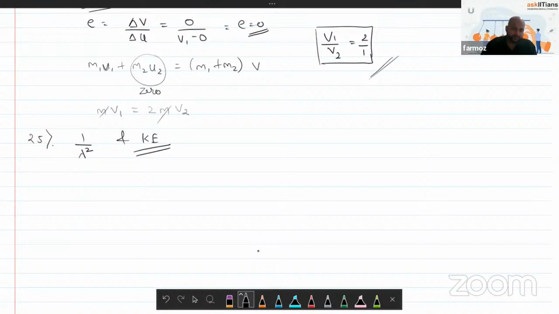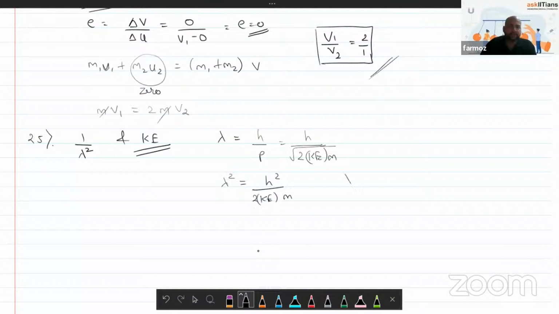So see, when I'm talking about the wavelength, lambda is nothing but, if you remember, h upon p, or you can also go with h upon the root of 2 into kinetic energy into mass. If you remove the root, this becomes lambda square is equal to h square upon 2 into kinetic energy into mass.